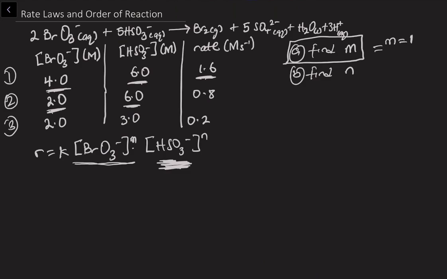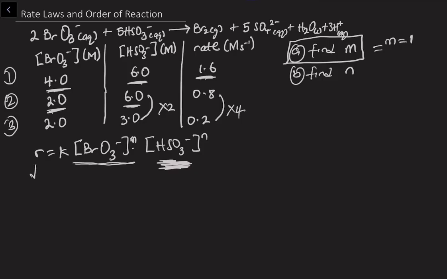We want one where we change it for only HSO3 minus and we did not change it for BrO3 minus. So we look at it between 2 and 3, we change the concentration by a factor of 2, but we did not change it for BrO3 minus, so we want that. And we see the rate changed by a factor of 4.